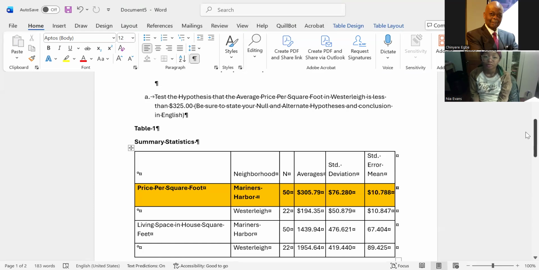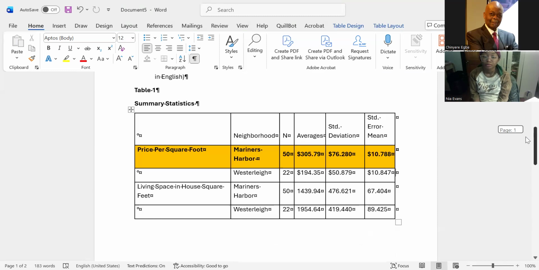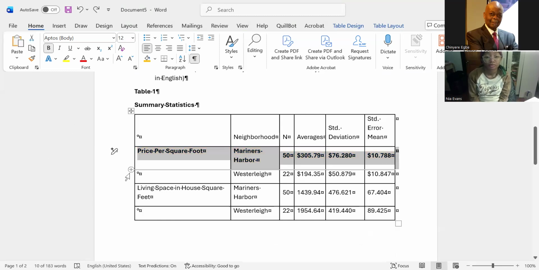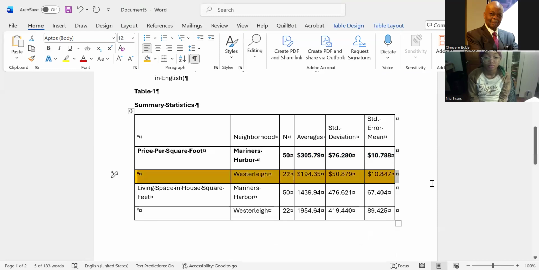Now, we're looking at Westerleigh, price per square foot. So we have our sample information to be 194.